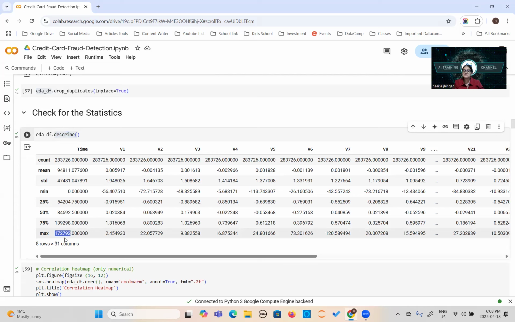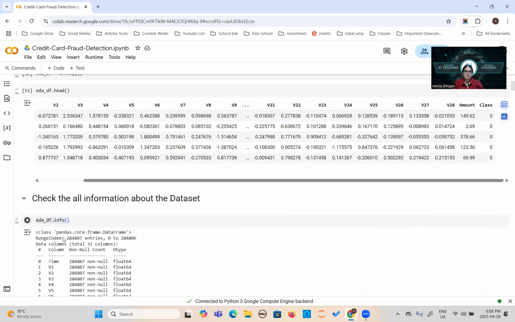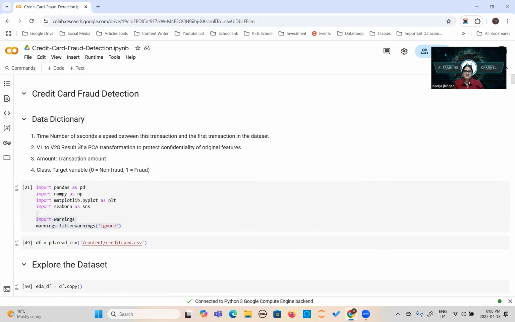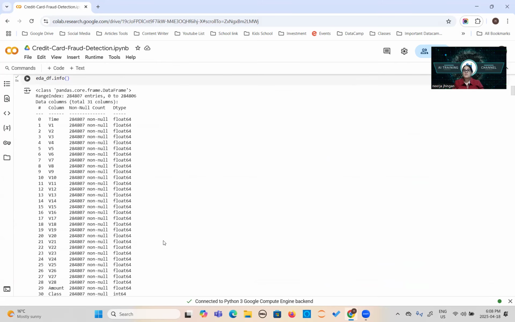This is the elapsed time between transactions. If we go back, that's why the data dictionary is important: Time is the number of seconds elapsed between this transaction and the first transaction in the data set. So it tells how many transactions are done over 1 day or 2 days.